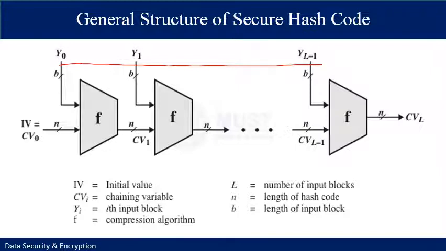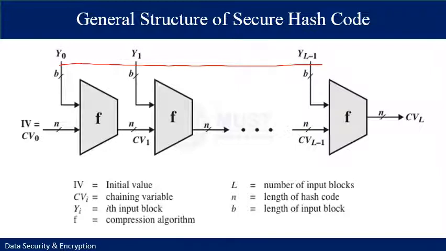The final block also includes the value of the total length of the input to the hash function. The inclusion of the length makes the job of the attacker more difficult. Either the opponent must find two messages of equal length that hash to the same value, or two messages of differing length that, together with the length values, have the same hash value.